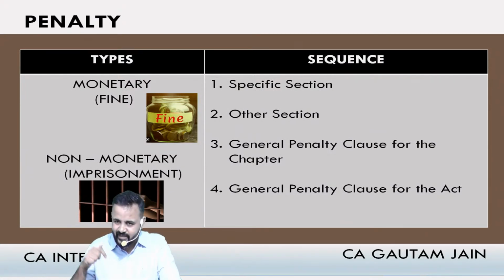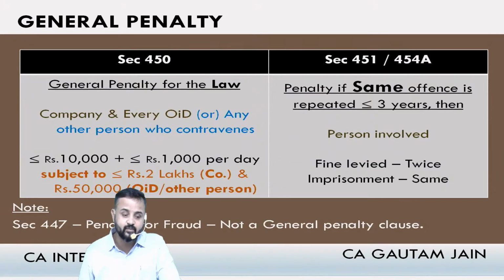And as far as company law is concerned, which is that section? 450. 450 is the general penalty clause for the whole of the act. And we have discussed that as well. Yes or no? 450 did we discuss or not? Yes, sir. So company and every officer in default or any other person who has contravened, who has done the violation, who has done the default, will be punished with how much fine?